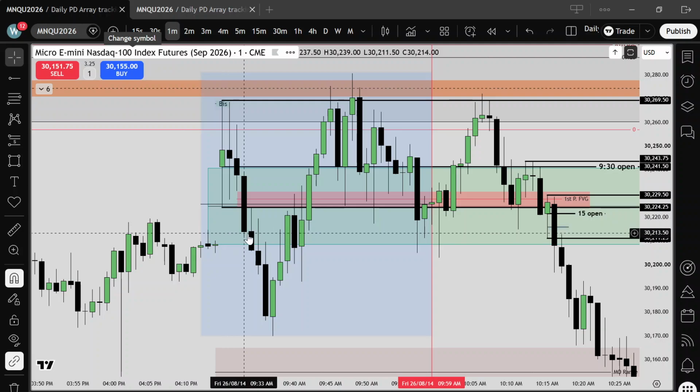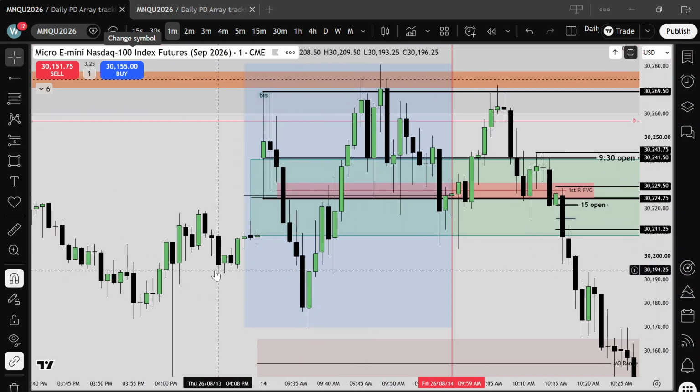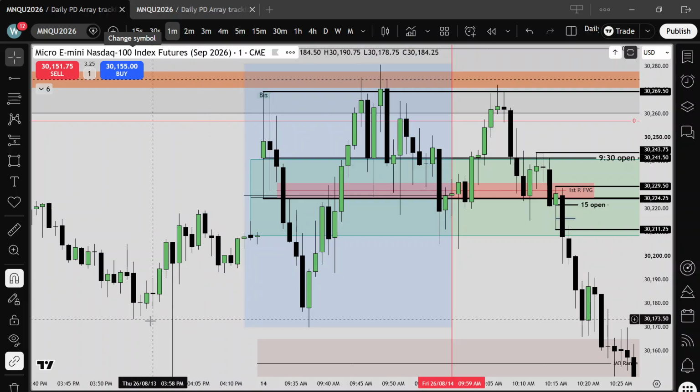So when this opens, anything above this jamming up in there, it's sell to whatever it'll give you. But again, it might be to there, it might be to whatever.